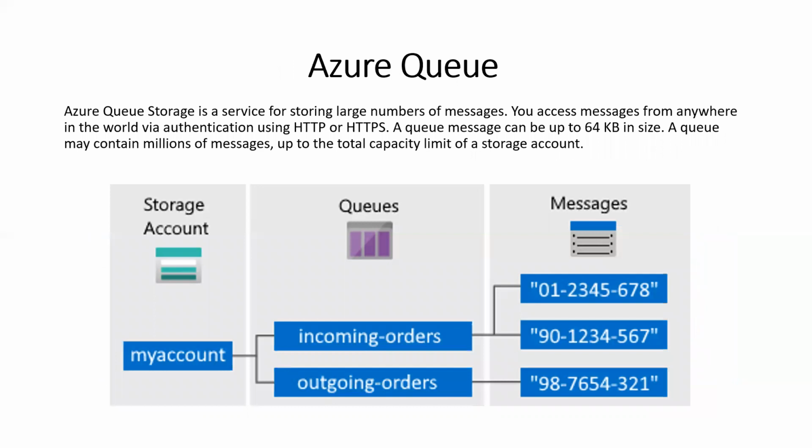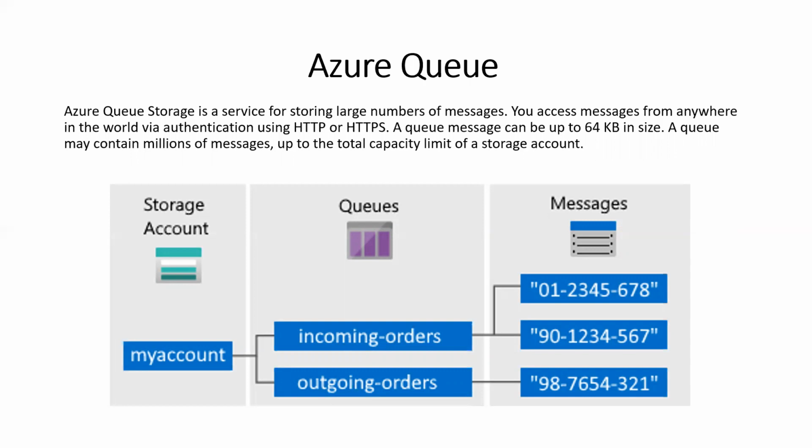Next is Azure Queue. This is used to store a number of messages for your application. The queue message size is 64 kilobytes, and one queue can have millions of messages, but that depends on the limit of the storage.